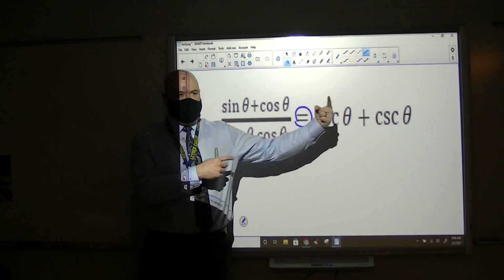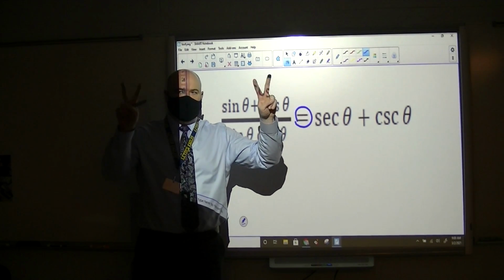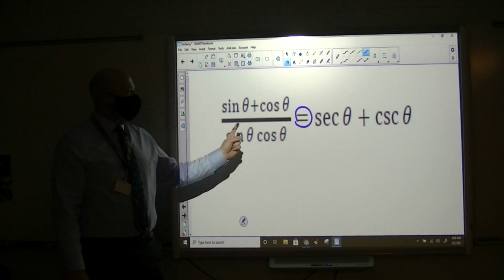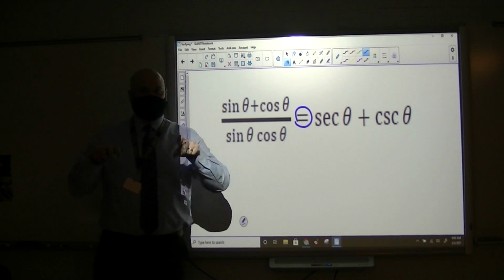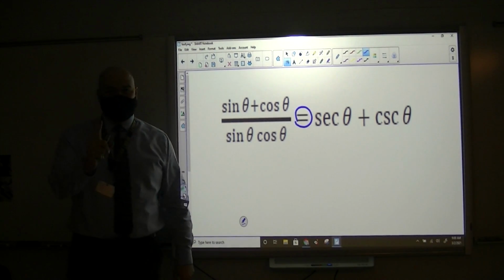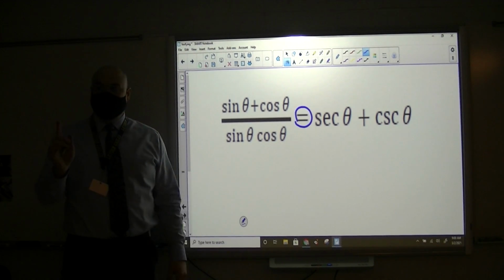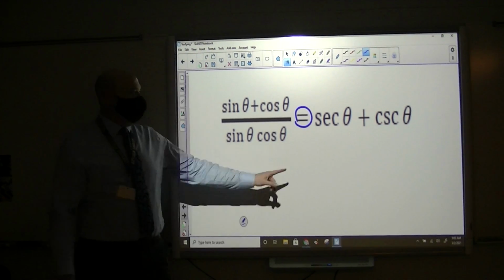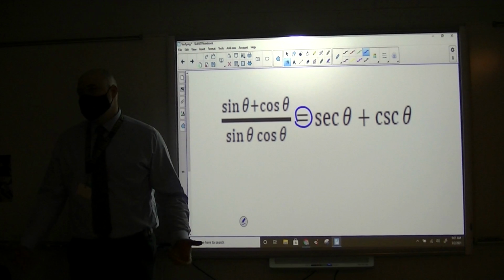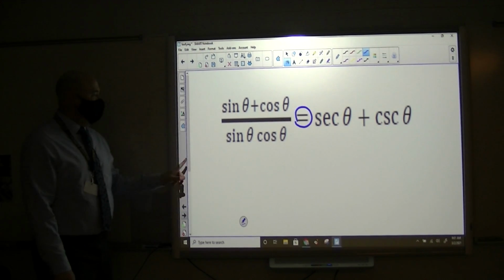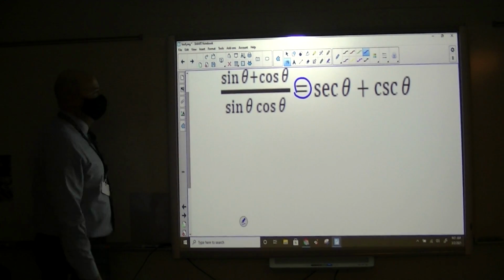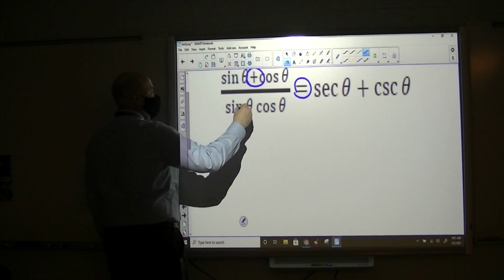This side has 2 things. This side could have 2 things if I split it up. And then maybe those 2 things will end up looking like that. It's worth a shot. Try stuff, right? How many times have you heard me say that? So, we're going to decompose this fraction.